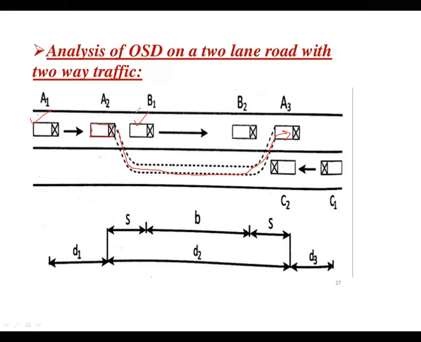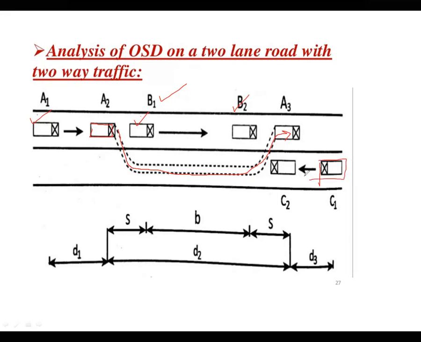But B vehicle is also changing its position from B1 to B2. That's why the overtaking side distance is more than the stopping side distance. That's why we are providing this distance in this manner.